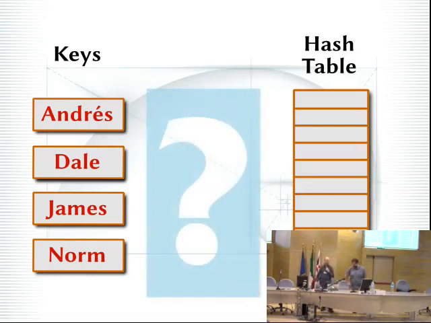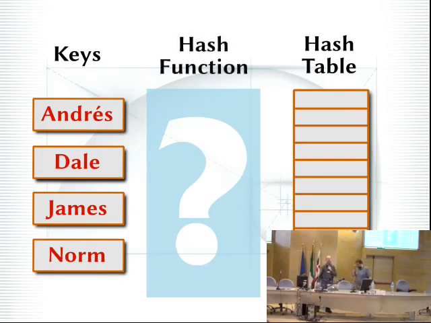Now, in order to do this search in constant time, where are we going to store these keys in this hash table array? Well, in order to figure out where to put them, we have a hash function that maps from a name through some kind of arithmetic computation into an index into the hash table.